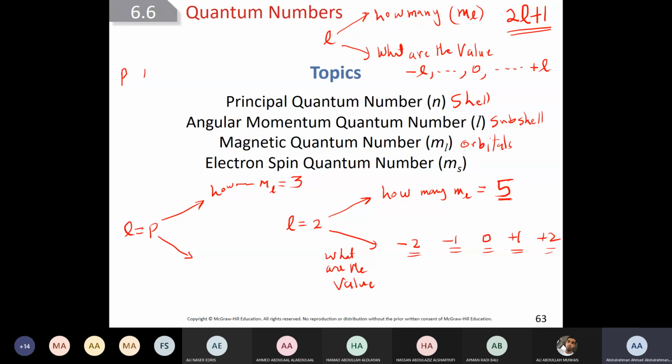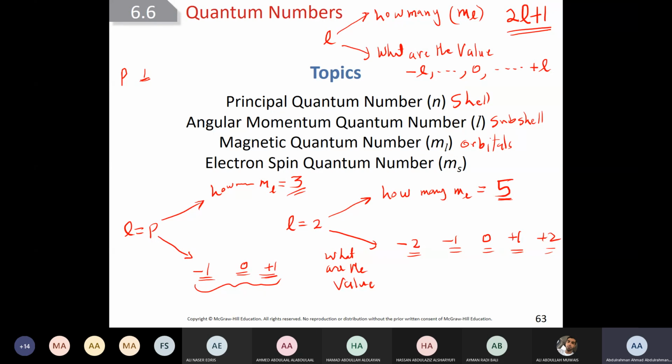What are the solutions? Minus 1, 0, and plus 1. How many solutions? 3 solutions. That's what we said here. And the solution is minus 1, 0, and plus 1. Is this clear? Yes. Good. I hope so.